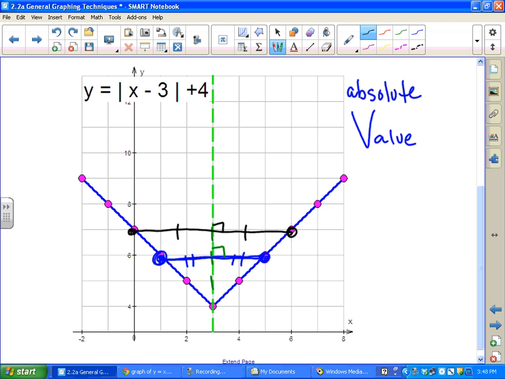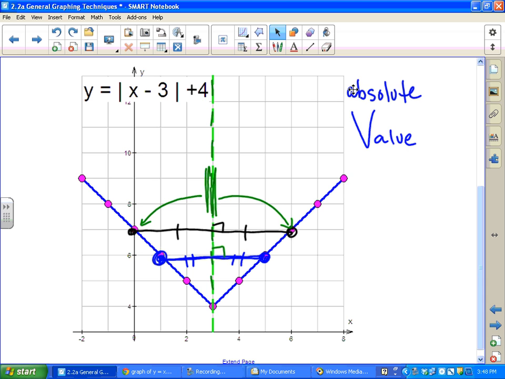And this green dashed line is our line of symmetry. You can think of it as a mirror. From the left-hand side, if you mirror it over this green line, our line of symmetry, it matches the other side. Okay.